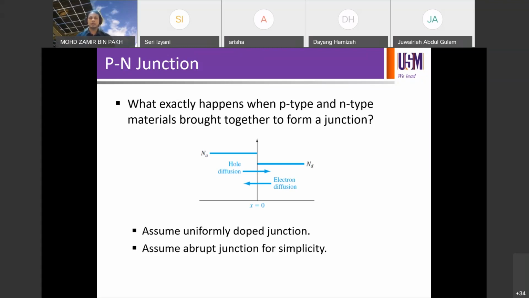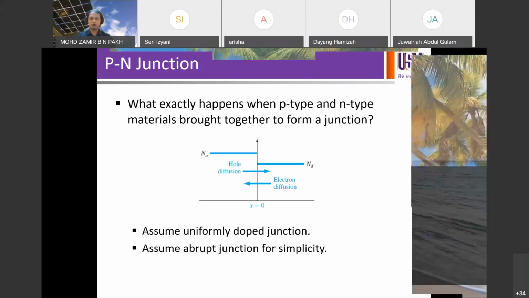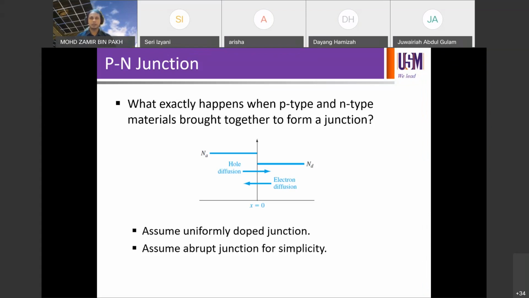You can approximate P to be equal to Na, for example, and N to be equal to Nd, because we have been assuming 100% ionization of the impurity atoms in the lattice. To get the minority carrier concentration, you can just use the law of mass action, N times P equals Ni squared, right?